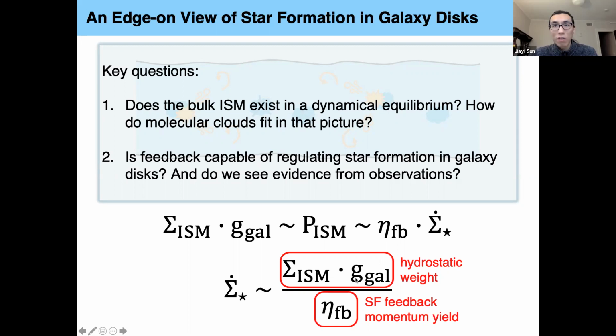For the gravitational field, we need to know all the mass-dominating phases in the galaxy, including the gas and the stars. The eta FB term is not directly observable, but we can measure the star formation rate surface density and try to back out this eta FB term. That's how things will work in observations, and this requires a diverse set of observations tracing all the key components in the galaxy.